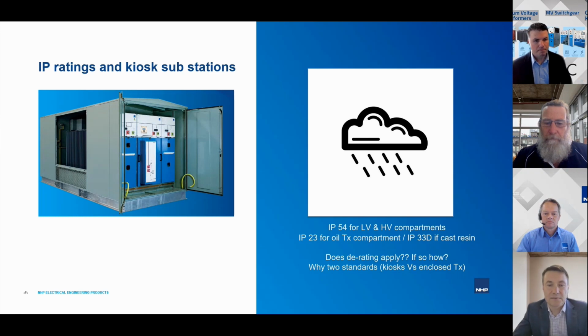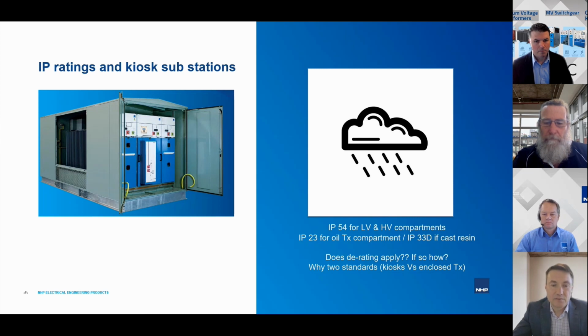Yeah, so for the kiosk substations, maybe let's start with the definition. A kiosk substation is a substation that contains the HV switchgear, the HV to LV step-down transformer, and the LV switchboard.